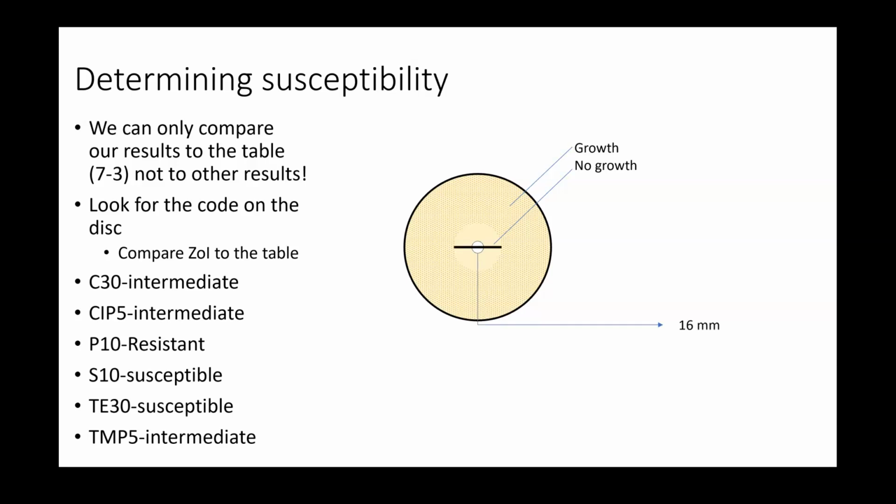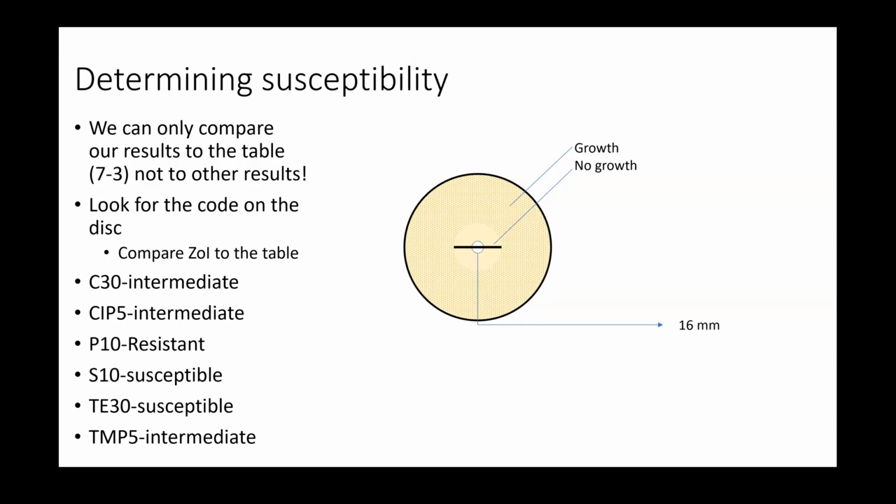So let's just take an example here, right? If we were to measure this zone of inhibition for this antibiotic, and let's just say that our ruler says that it's 16 millimeters across, we would have to compare that zone of inhibition to the table. If you look at your table on page 449, you'll see that it can be intermediate for chloramphenicol, intermediate for ciprofloxacin and trimethoprim, but it's susceptible to streptomycin and tetracycline and completely resistant to penicillin.